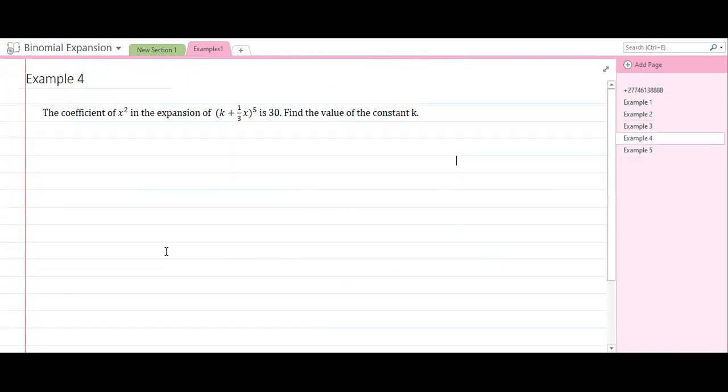Example 4. The coefficient of x squared in the expansion of k plus 1 over 3 x, to the power 5, is 30. So solution: looking at the term formula, t(k+1) is equal to n choose k, a to the power k, b to the power n minus k.